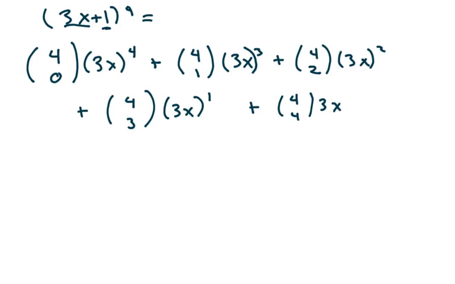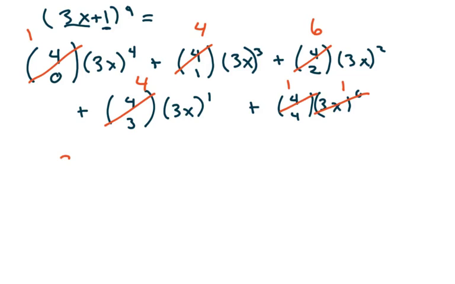3x to the 0 power. Basically, this equals 1. This also equals 1 because anything to the 0 is 1. This equals 4. This equals 4. And this equals 6. You could actually get that from Pascal's triangle. So we're going to get 3x to the fourth.